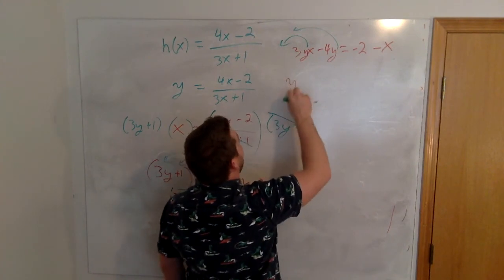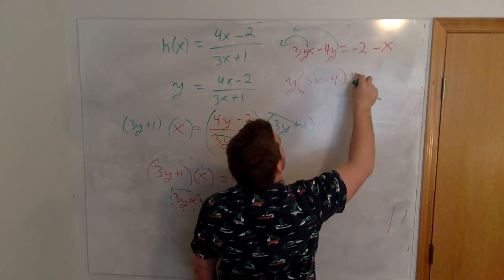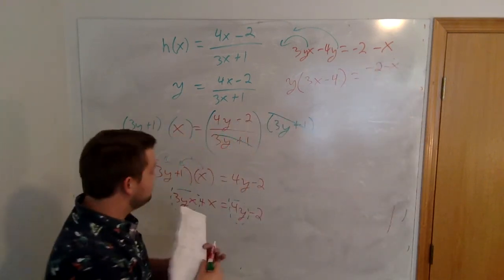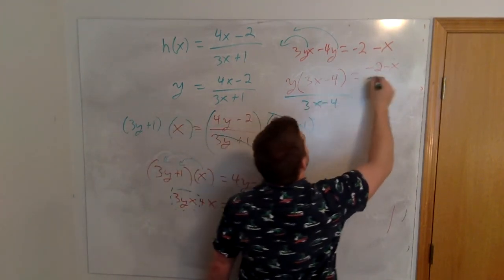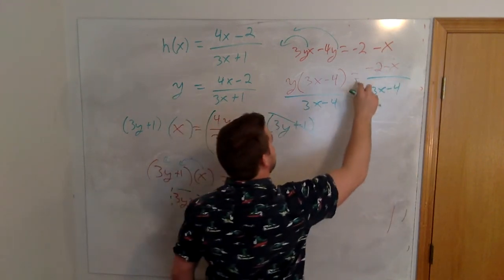So we'll have y times 3x minus 4 is going to be equal to negative 2 minus x. To finish the job, let's divide both sides by 3x minus 4. Let's bring it down over here.